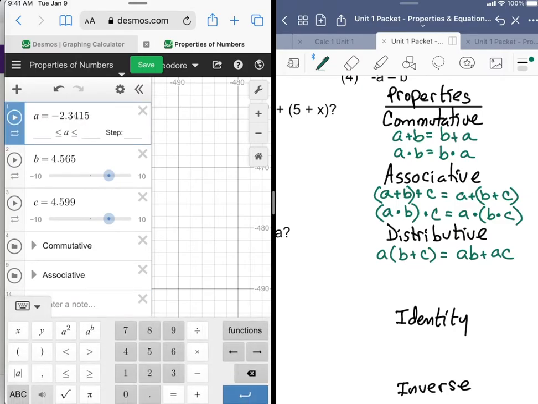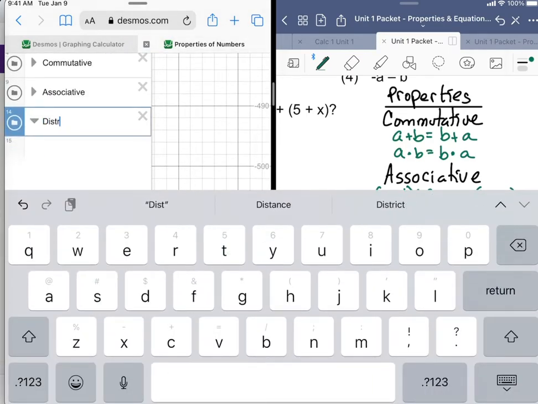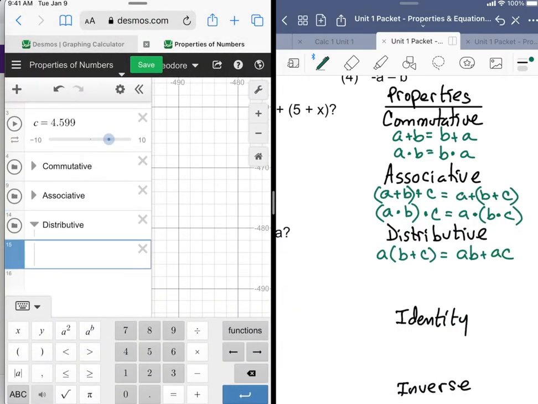So we would say distributive, and then we would just put this rule in.